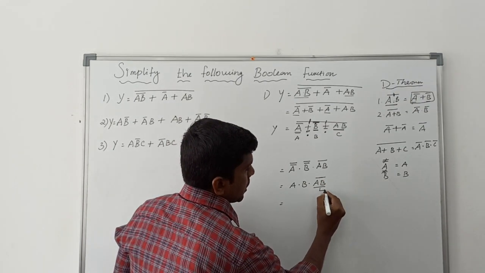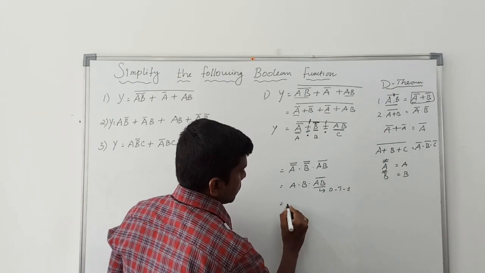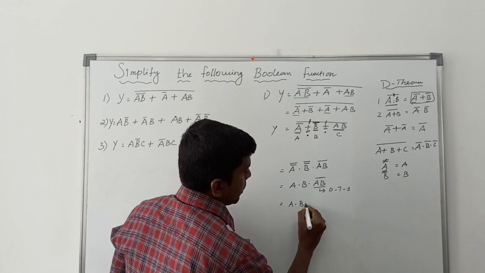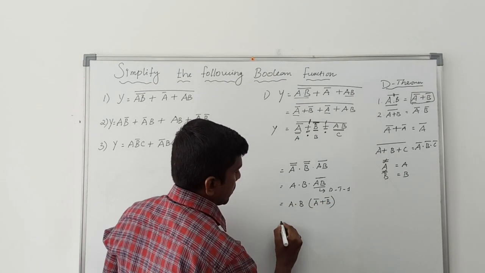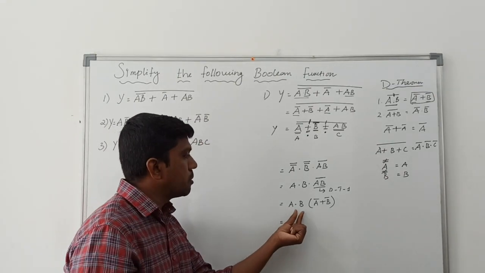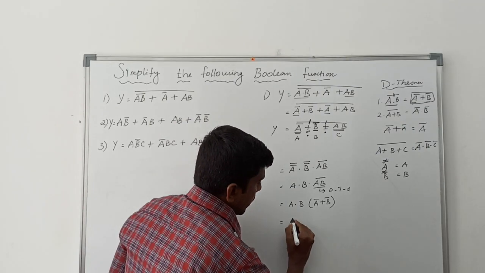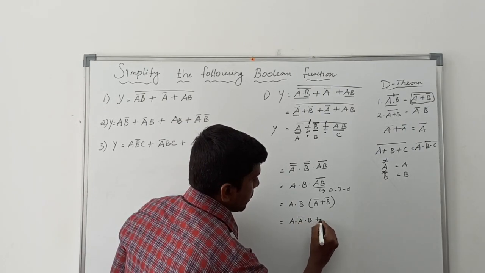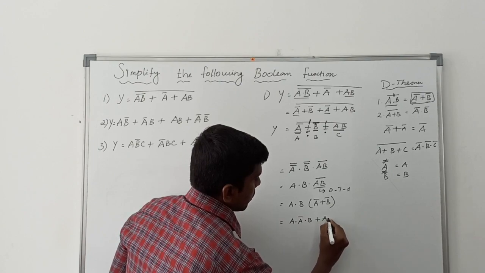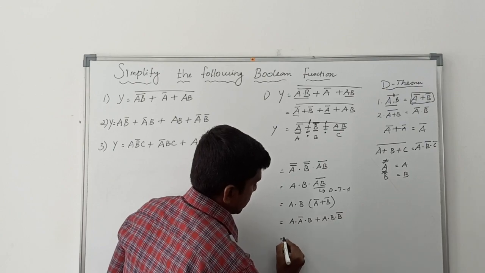Here apply De Morgan's first theorem: (AB) the whole bar equals A bar plus B bar. We multiply A dot B with this term, A bar plus B bar. So A dot A bar dot B plus A dot B dot B bar.